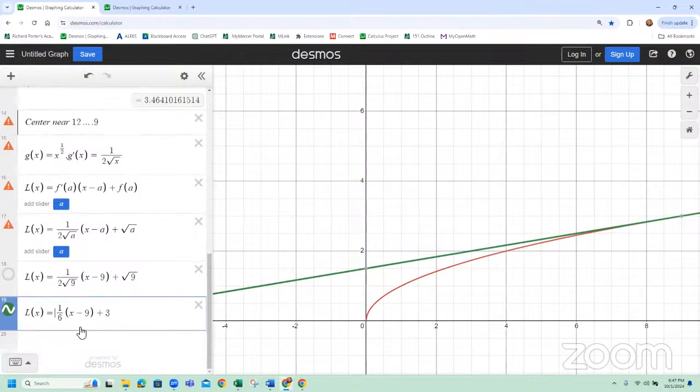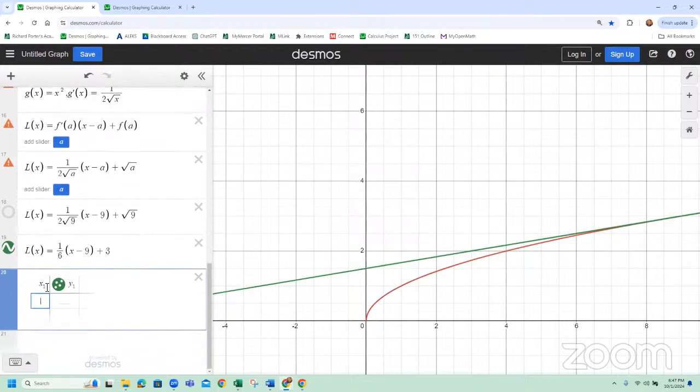Now I'm going to add a table so you can see this. I'm going to pick some x values, and then the square root of x, which will be the exact value, and then our local linear approximation.